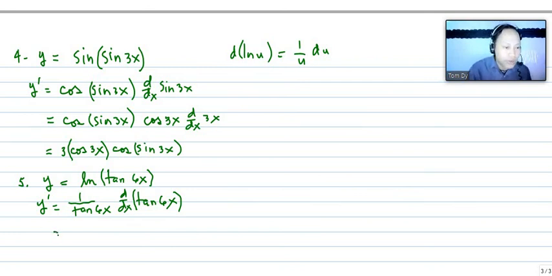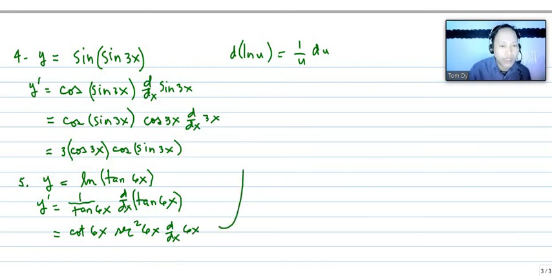And so we have 1 over tangent, that is the inverse of cotangent. So we have 1 over tangent 6x equals cotangent 6x. And then the derivative of tangent 6x, I mean derivative of tangent u equals secant squared u du. So take note, the derivative of tangent u equals secant squared of 6x times the derivative of 6x.